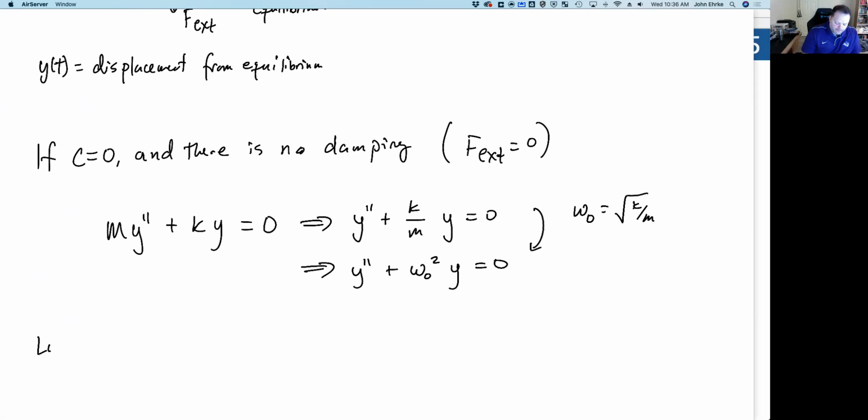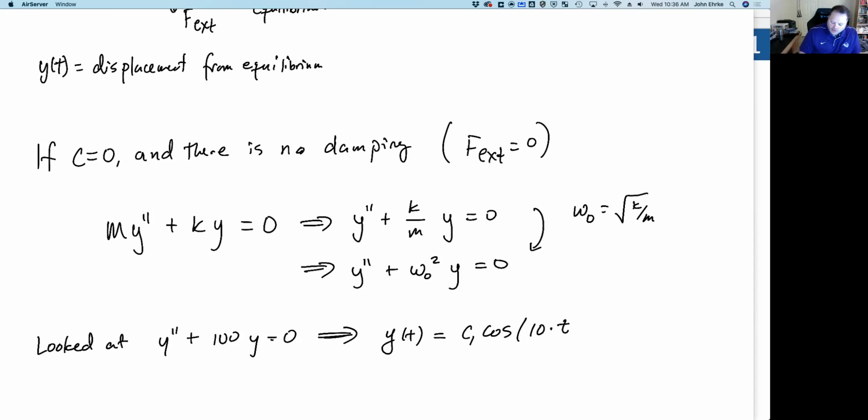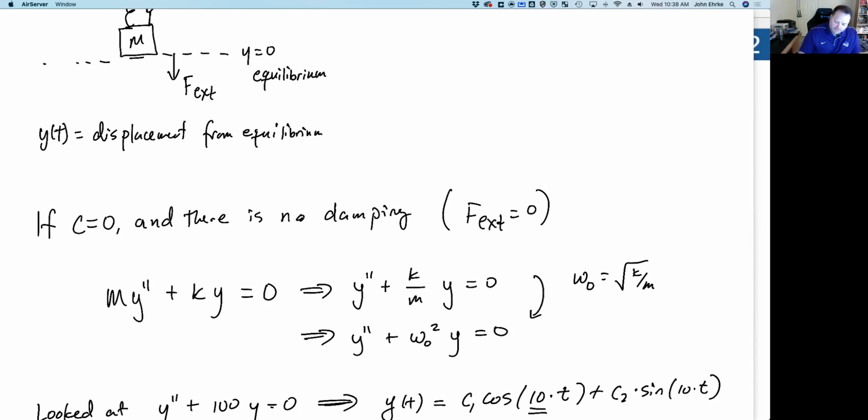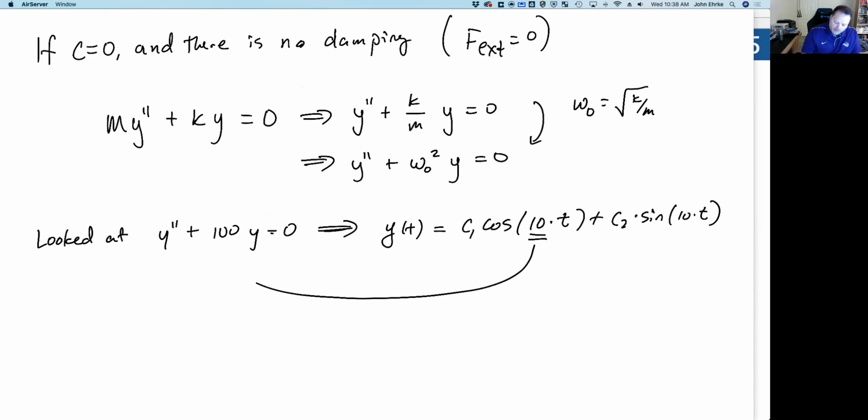And we actually looked at a problem like this in class last time. We looked at y double prime plus 100y equal to 0. And we found that this thing had a solution given by a linear combination of sine and cosine. And the importance of the 10 here is that 10 is omega naught.